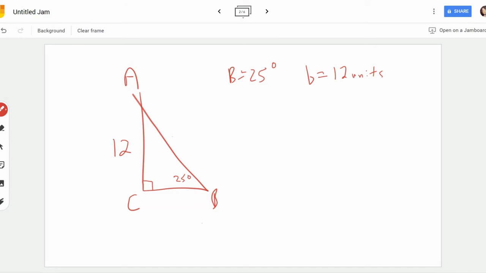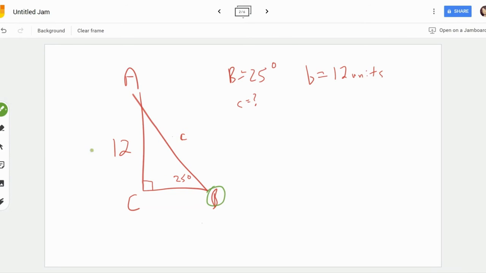Since we have B sitting here, and this is a right triangle, we could figure out something. Let's say we want to figure out side c. So we need to know what perspective. We only have B. We could find A because all interior angles of a triangle have to add up to 180, but since we have B already, let's use it.